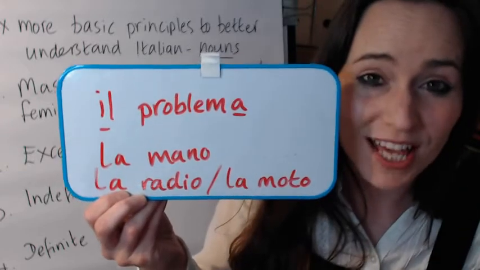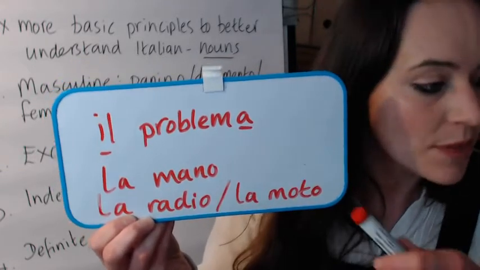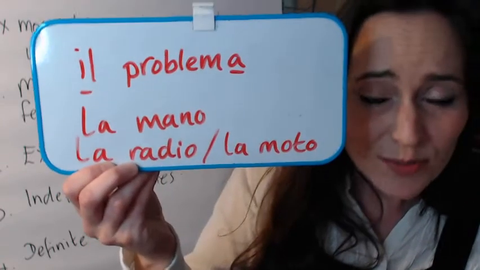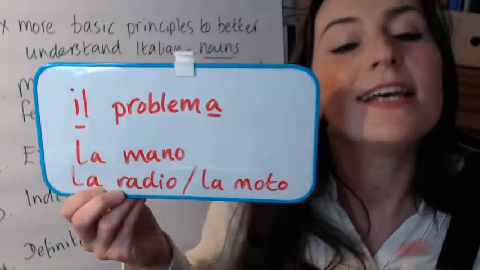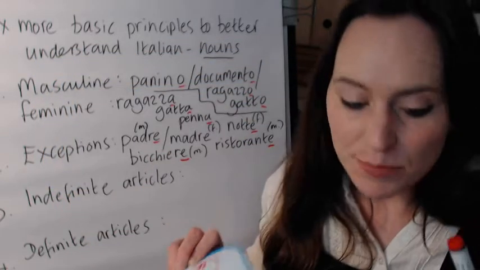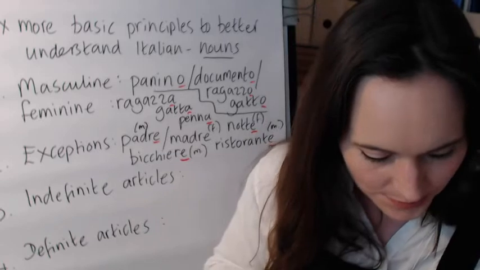One to look at and double check if you have to talk about an injury or something. La radio, la moto. It looks like they should be masculine nouns when you look at them on their own. There's an O at the end, but they're short for something else which ends in an A. Okay, so that's exceptions. There's loads of them, but there's some to have a little think about.